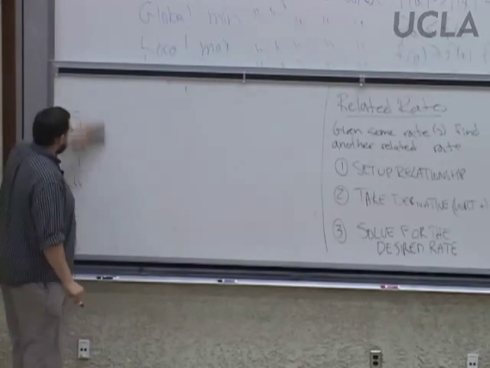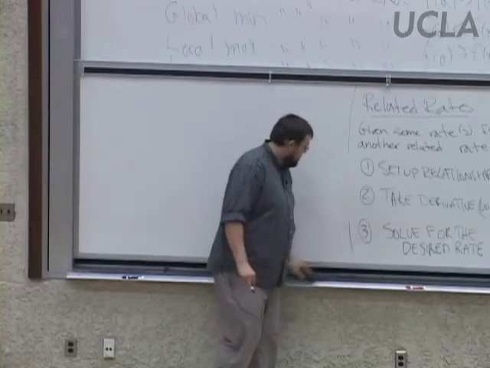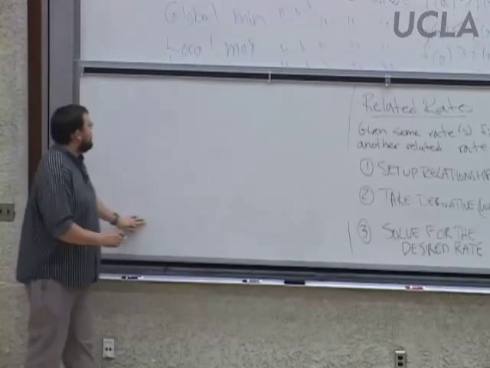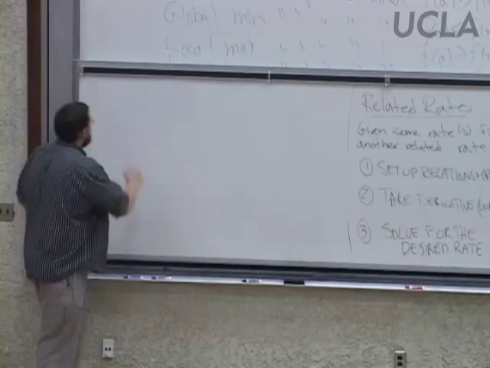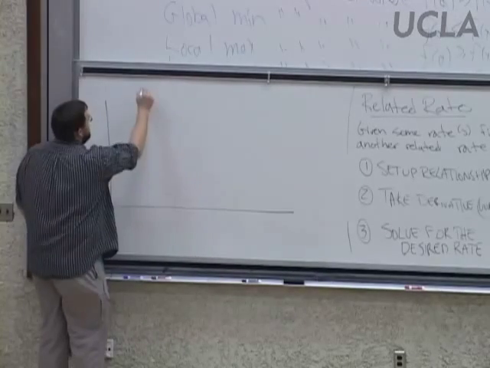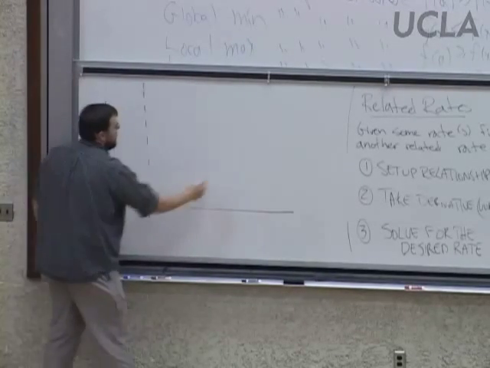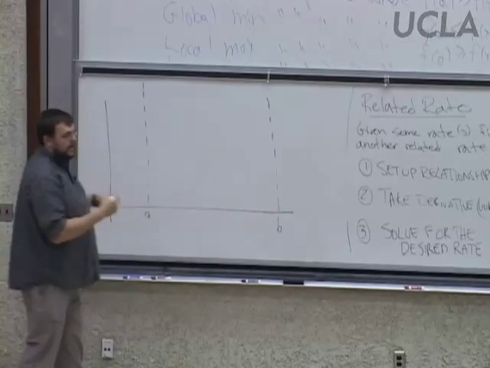So, I should use black for a function. So here's our picture. We have some interval, A to B, and I have some function.